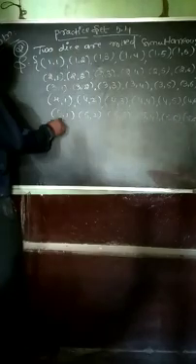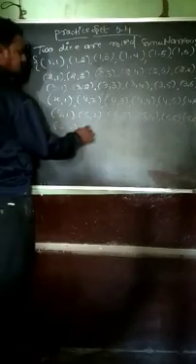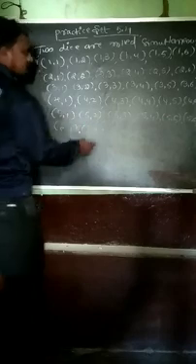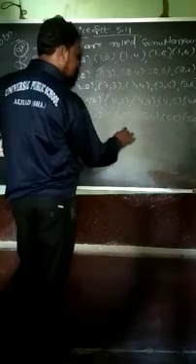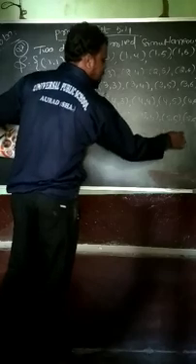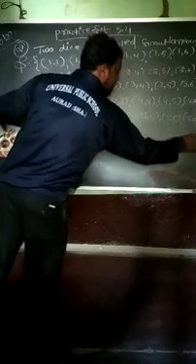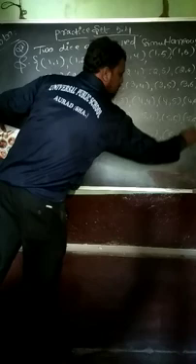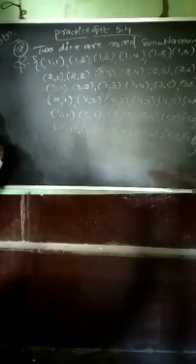Next and last one, 6 1, 6 2, 6 3, 6 4, 6 5 and 6 6, right? So see how many numbers there are.